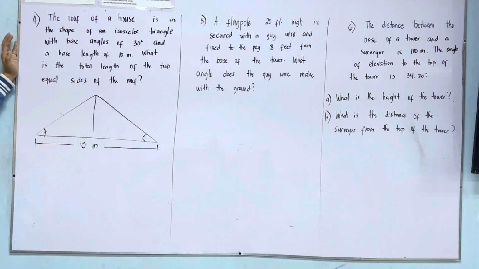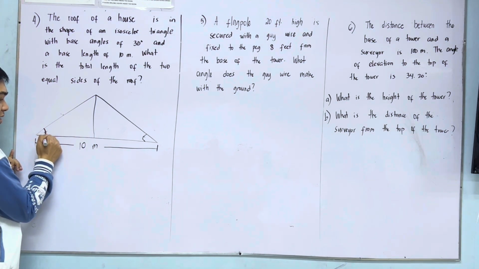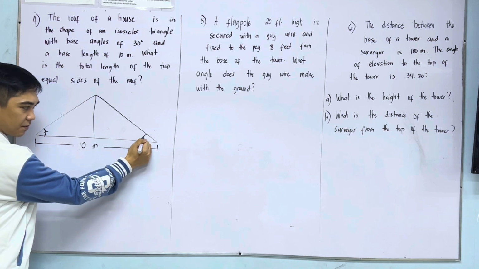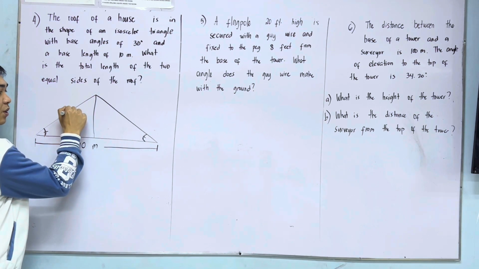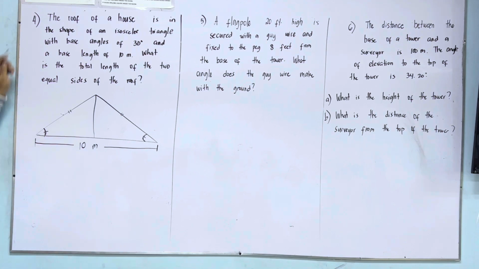Okay, the roof of the house is in isosceles triangle shape. When we say isosceles triangle, equal yung ating base angles. Tapos equal din po yung hypotenuse. With the base angle of 30 degrees. Saan ilalagay si 30?